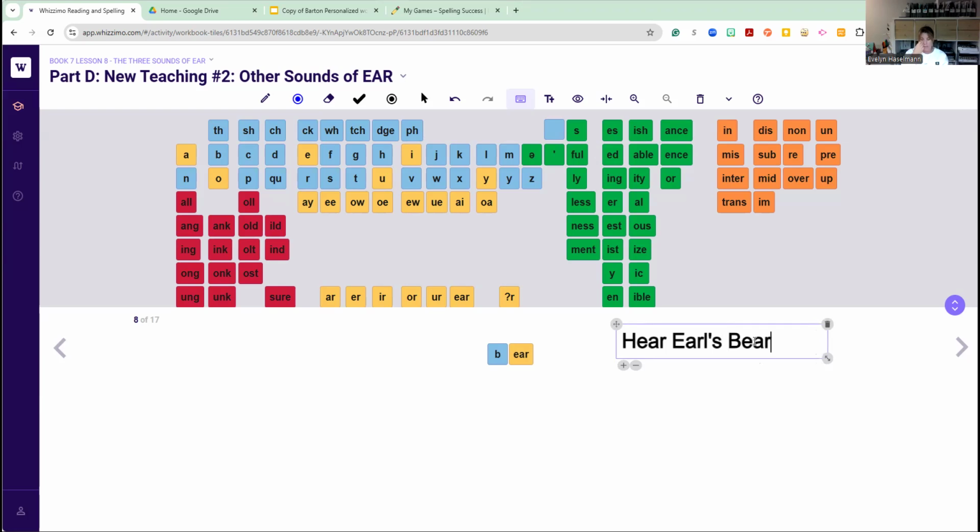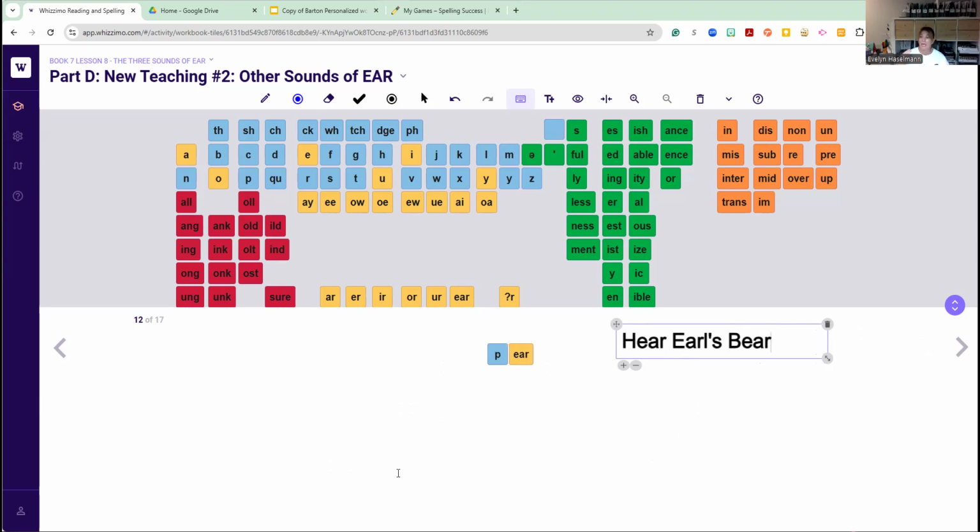Okay, so here, EARL's bear. That's going to give you the 3 main sounds that EAR makes when you're, again, reading it, okay? So we can see that in a word like swear, but then we go back to gear, and then we go back to search. So you can see we're just going to bounce back and forth.